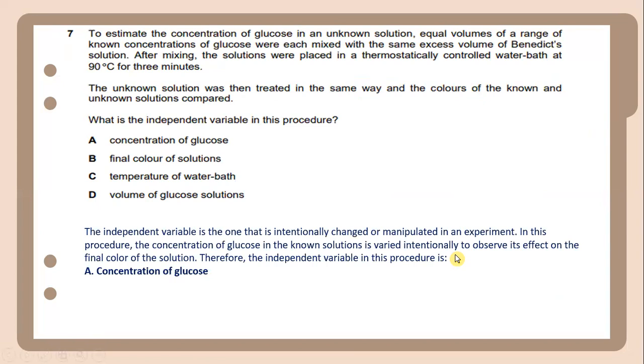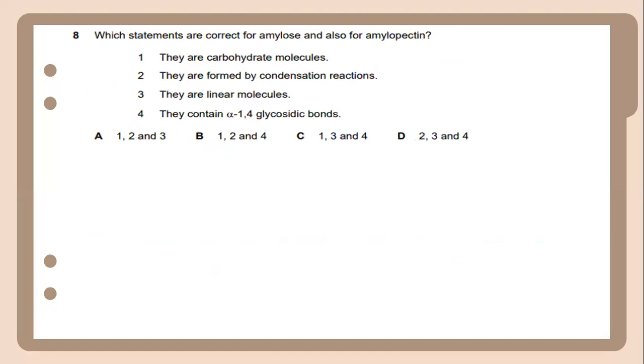The independent variable is the one that is intentionally changed or manipulated in an experiment. In this procedure, the concentration of glucose in the known solutions is varied intentionally to observe its effect on the final color of the solution. Therefore, the independent variable in this procedure is the concentration of glucose. The answer will be A.